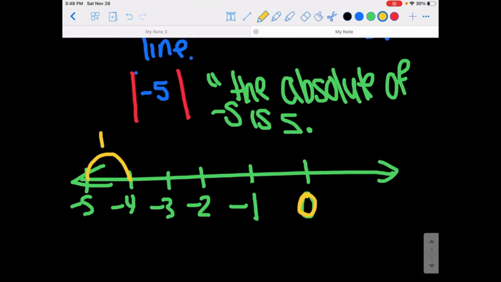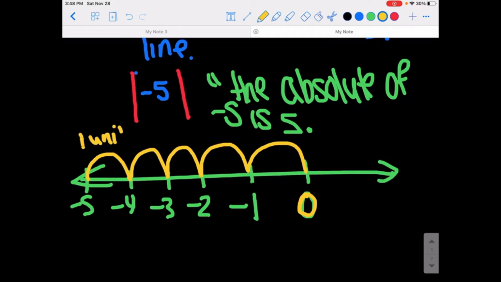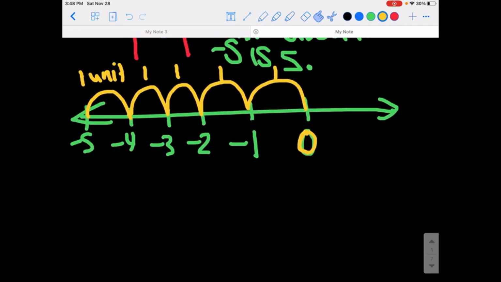So you count 1 unit, 2, 3, 4, 5. These are your hops. This totals up to be 5. So -5 is 5 units away from 0. That's just how you think about it.